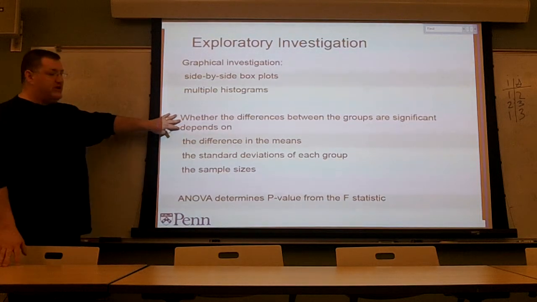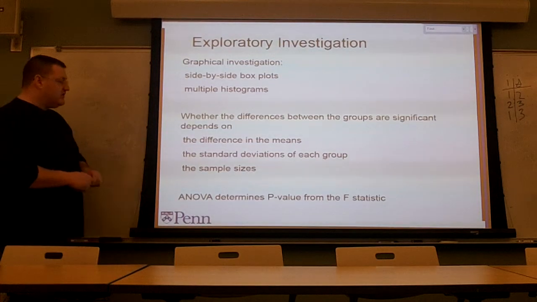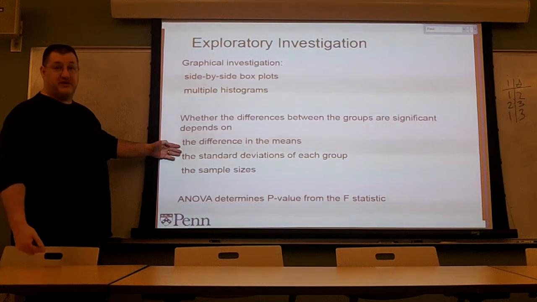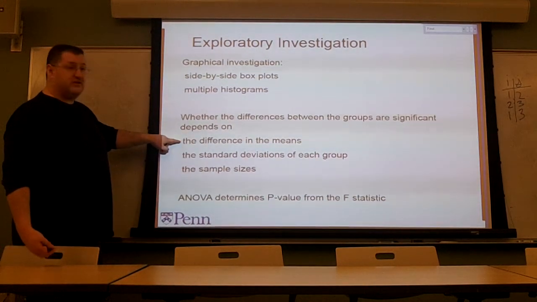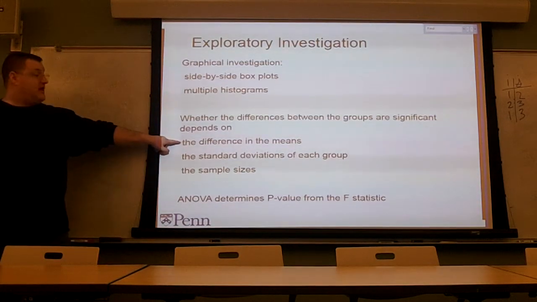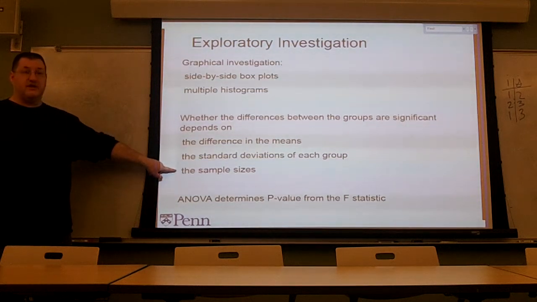So what's going to drive the difference between the groups? Here's what's going to drive p-values: the observed differences between the group means, the standard deviations in each of the groups, and the sample sizes.